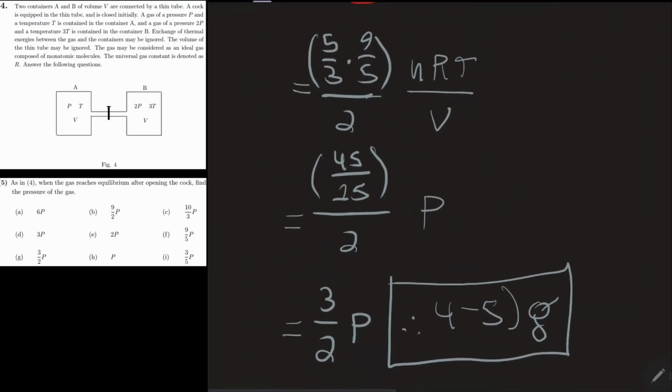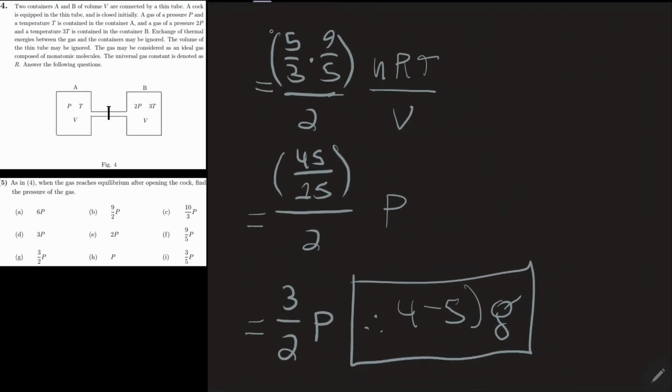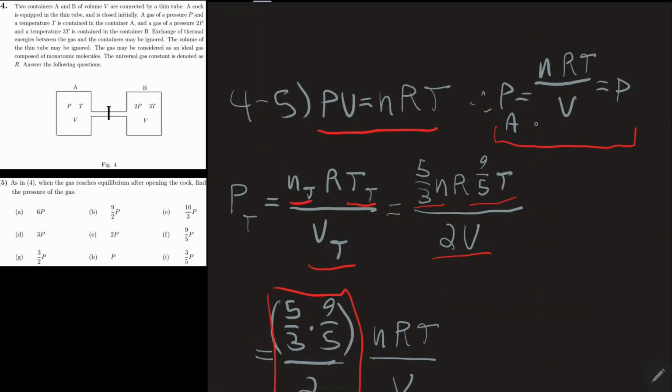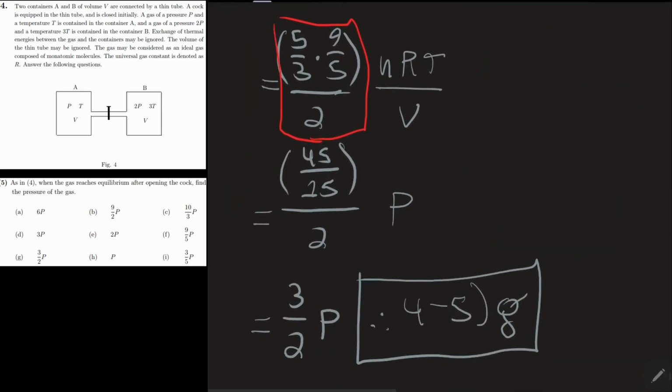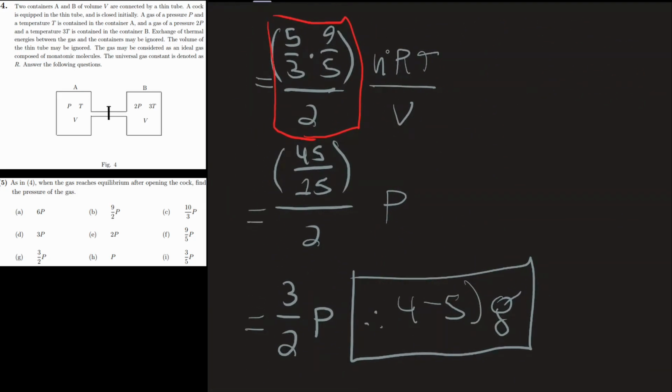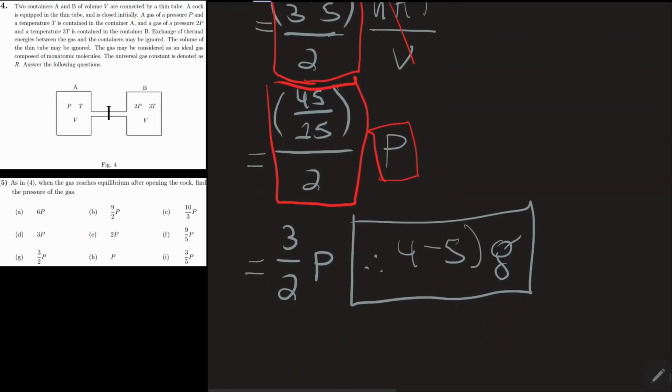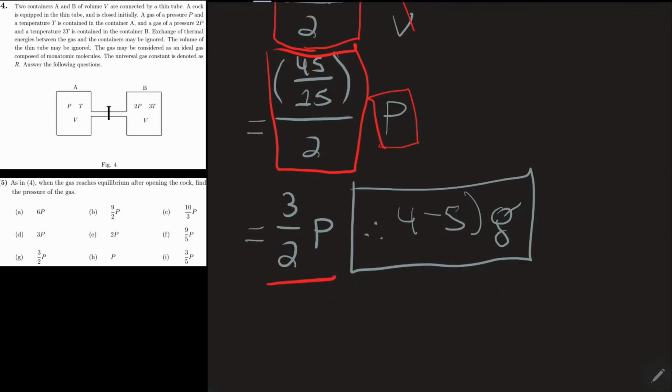So now, if you remove all the numbers from it, you find that it equals this whole thing times nRT over V, and we just showed that nRT over V is just equal to P, the initial pressure, so we can replace that with just P. And then if you do the simple arithmetic here, you find that it equals 3/2 P, and that is option G, and that is the end of this question.